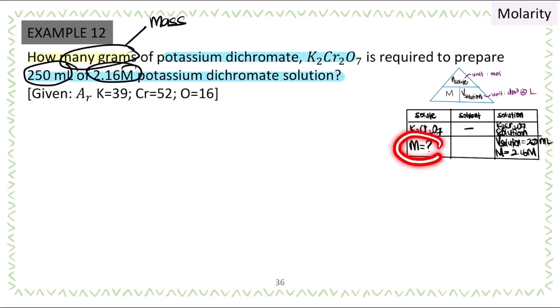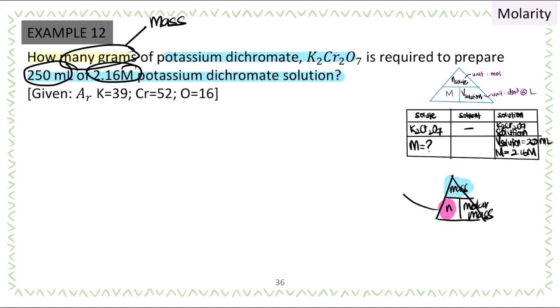So how can we find the mass of the solute? Remember, in the previous class we already learned about this triangle. To find the mass of the solute, we need to have the value of number of mole. So how can we find the number of mole?